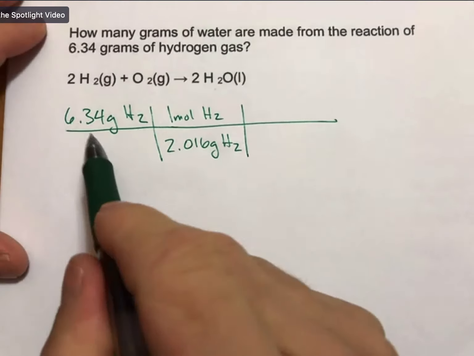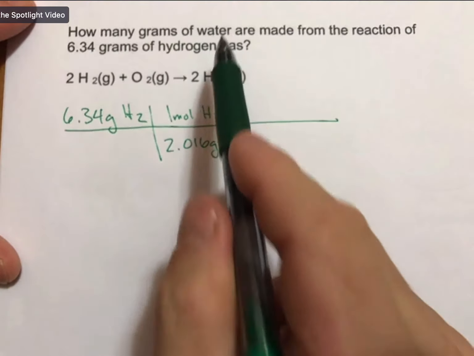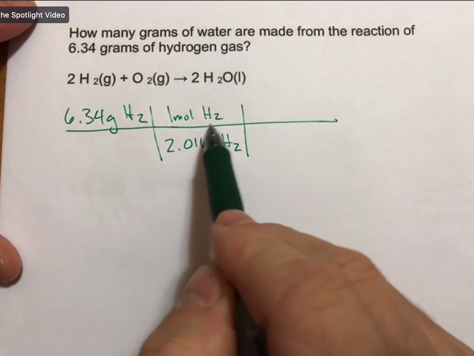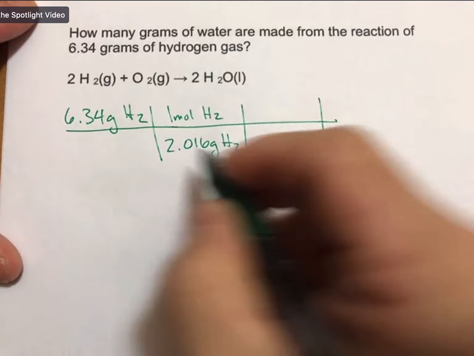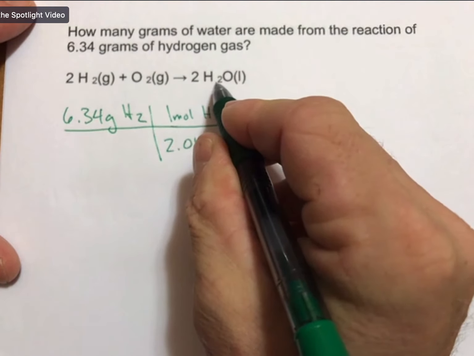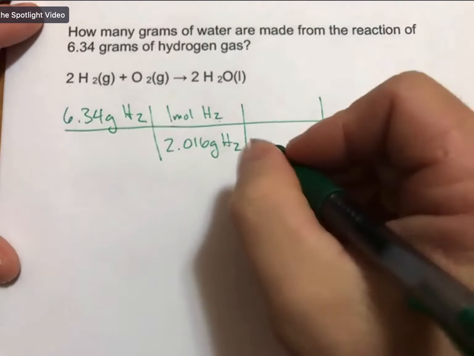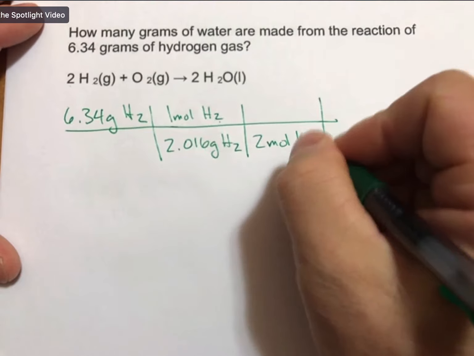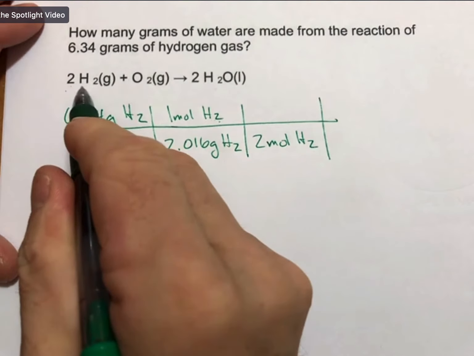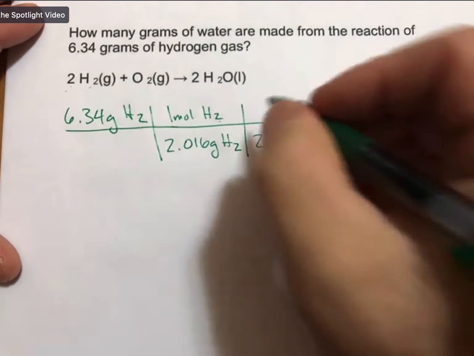And from there, I'm asked about grams of water. So my next step is going to be to turn my moles of H2, moles of hydrogen, into moles of water. That means I need to use the coefficients, where 2 moles of H2 reacted produce 2 moles of H2O.